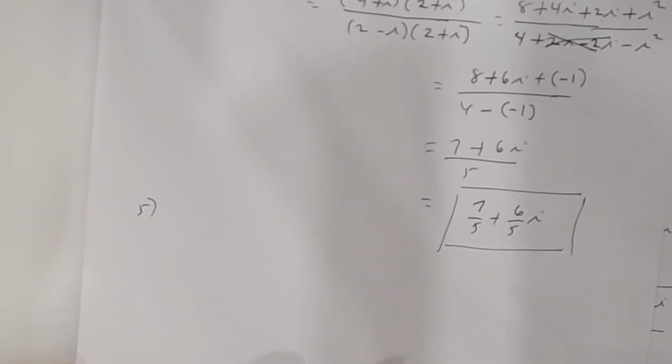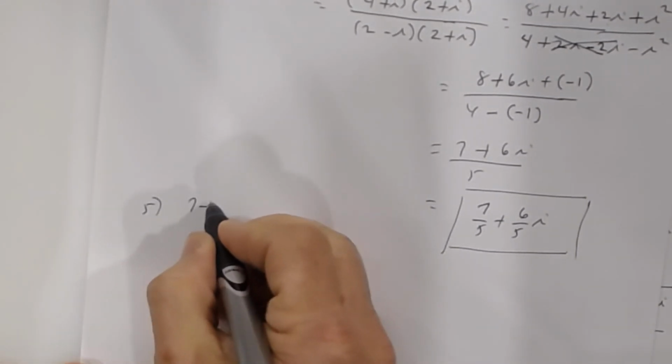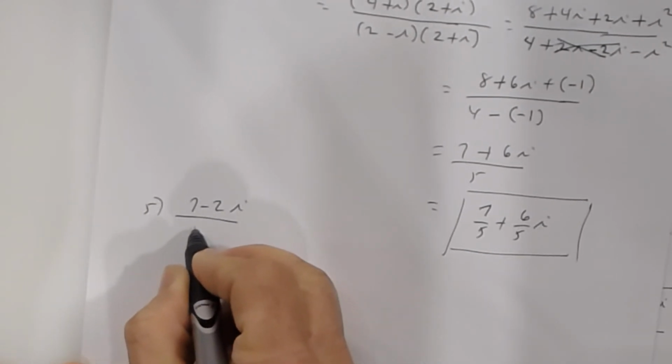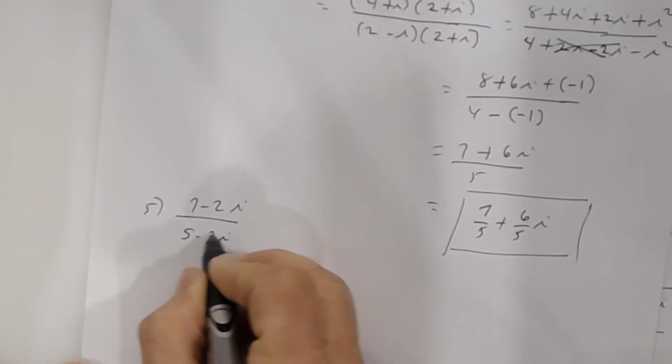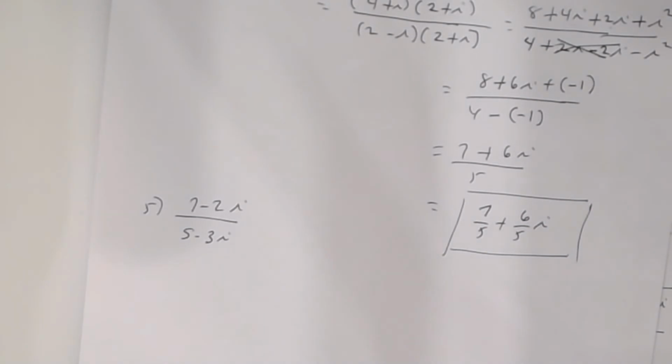Number 5. You have 7 minus 2i divided by 5 minus 3i. The direction is just going to say divide.